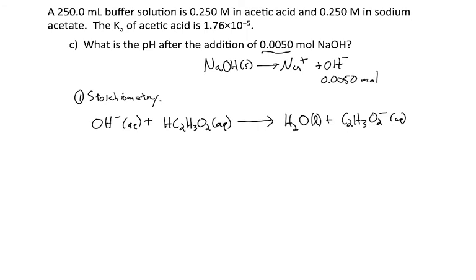So again, what the buffer does is when I add strong base, it's neutralized by the weak acid in my buffer, and it forms water. Essentially, it converts some of the weak acid into its conjugate base. So I've got my BCA table again, and they told us the amount of hydroxide, and we calculated the number of moles of acetic acid and acetate previously. So I could just go ahead and put those values in that we calculated before.